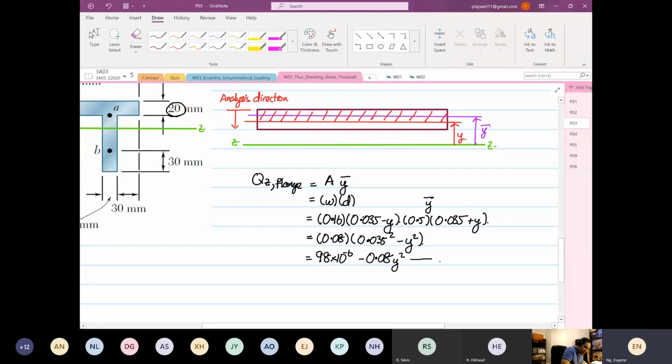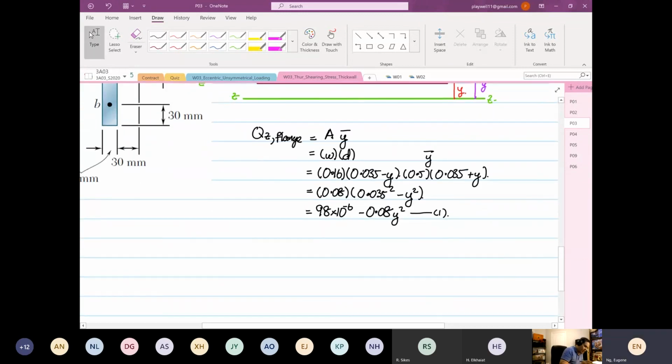This is your equation number 1. From here we can find the shear stress distribution. We can find the distribution of the shear stress in the flange.